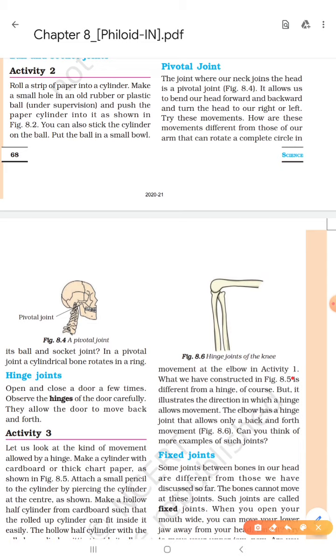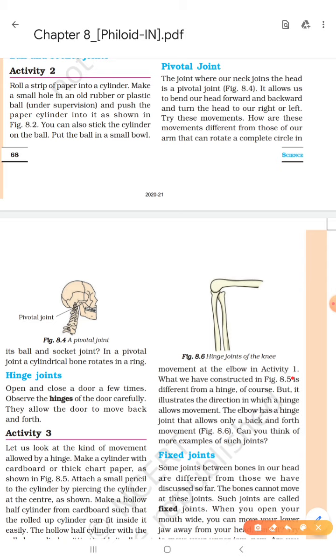When we open and close a door a few times, then we observe the hinge of the door carefully. They allow the door to move back and forth. So such a type of joint is called a hinge joint. So the same thing is in our body also. These hinge joints are present at our elbow and knee.